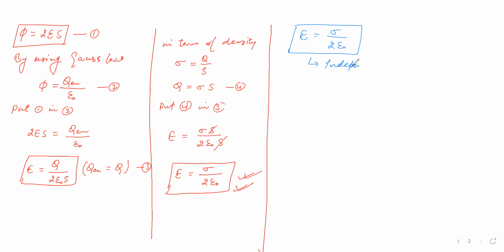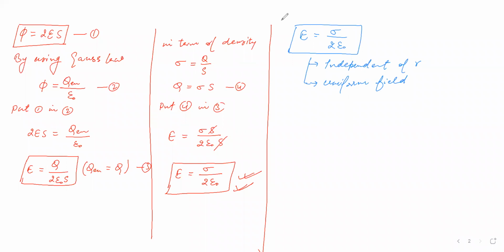Are you clear? Independent of R. Hence, we can say that it is an example of uniform field. I mean, this sheet produces uniform field. Hence, we can say it doesn't depend upon the R.